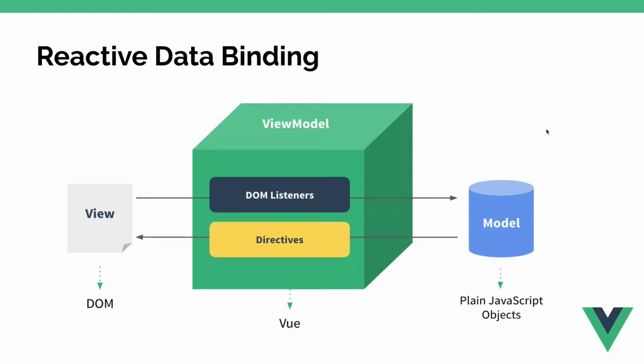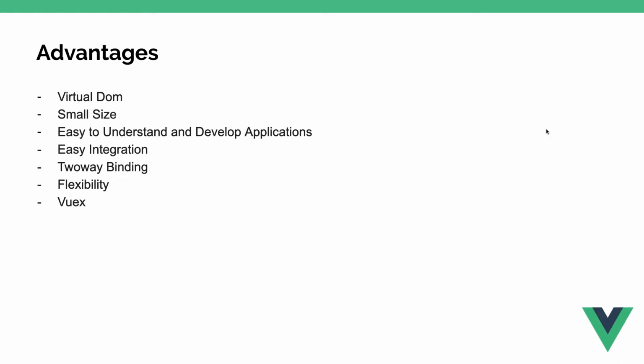That's all. And here I want to say some common functionalities also. These are the advantages. There are more advantages, but I have listed some of them. It uses the virtual DOM like Angular, and it's small in size. It's easy, and it's not like MBs or something. Compared to other frameworks, it has a small package size and it's easy to understand and develop applications.